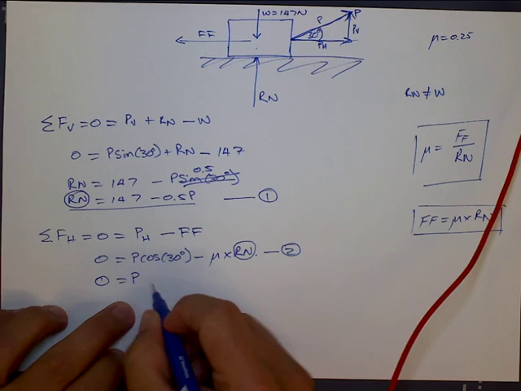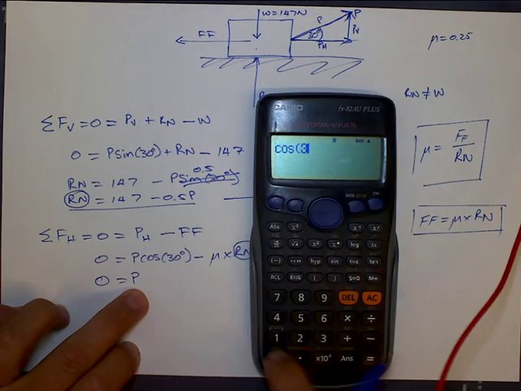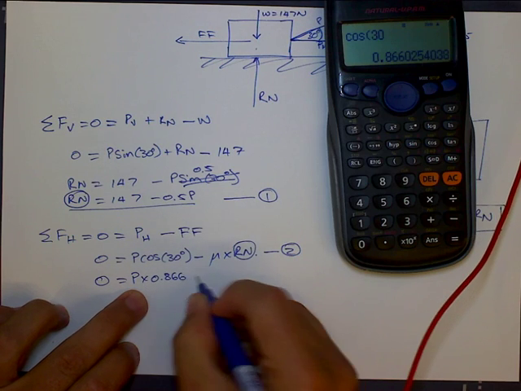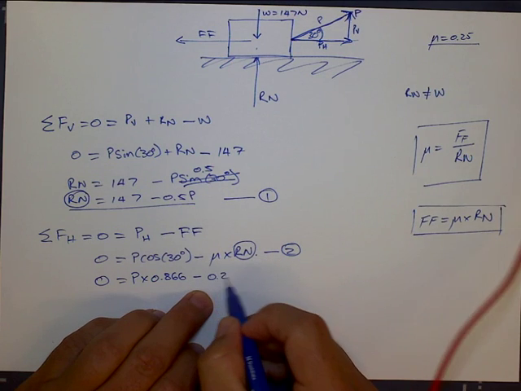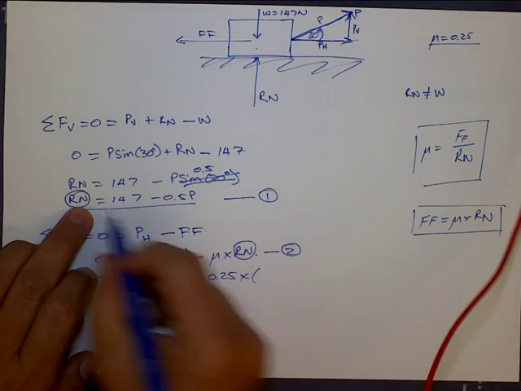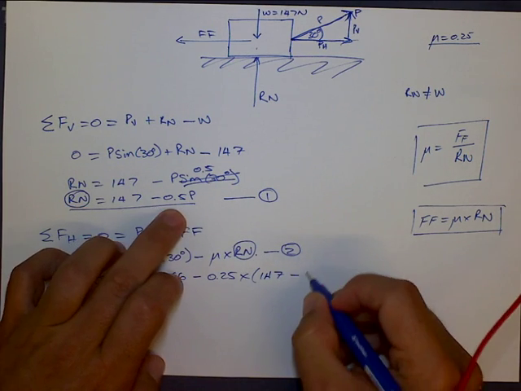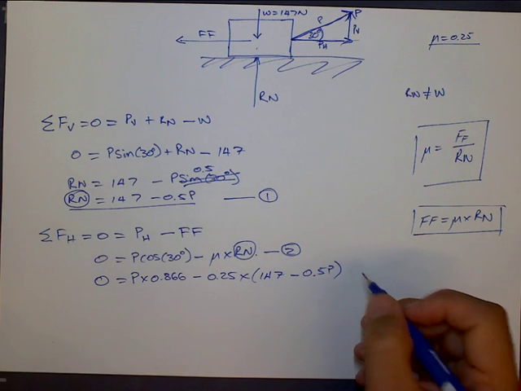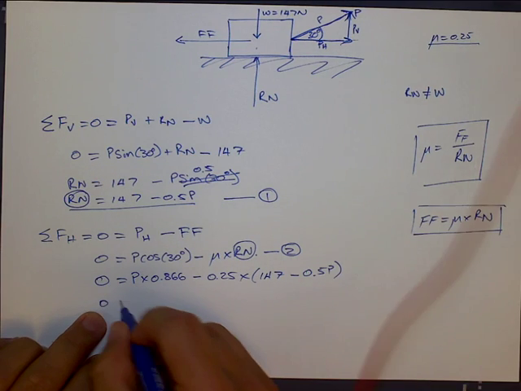So it's going to be P times cos 30, which is P times 0.866, minus the coefficient of friction 0.25 times Rn, and instead of writing Rn, I'm going to use 147 minus 0.5P.